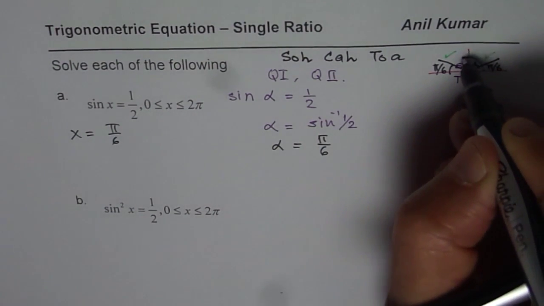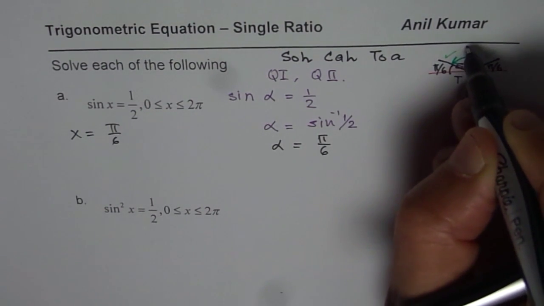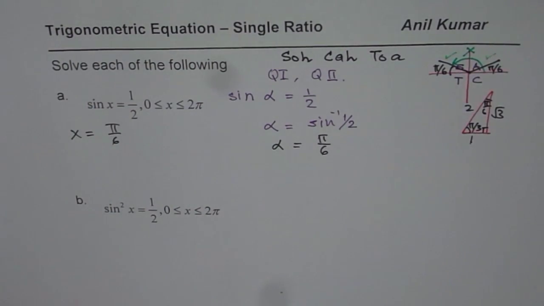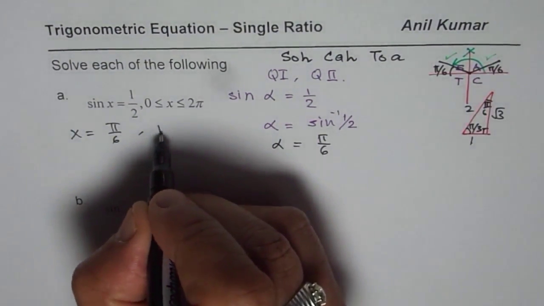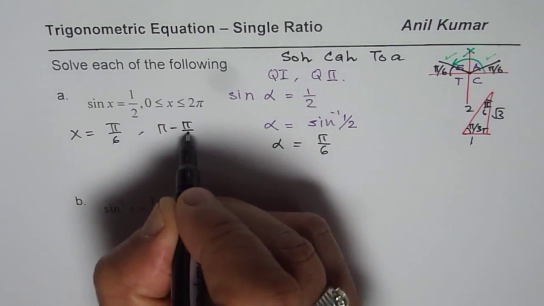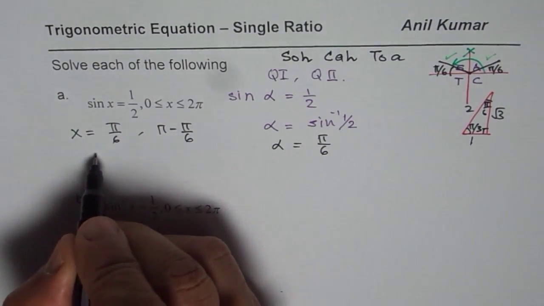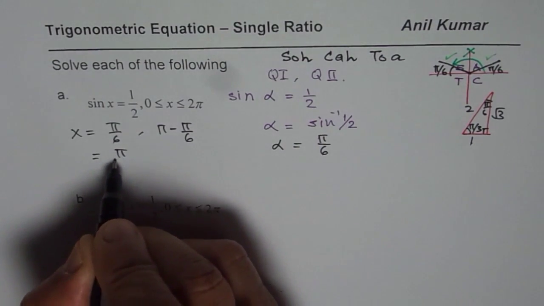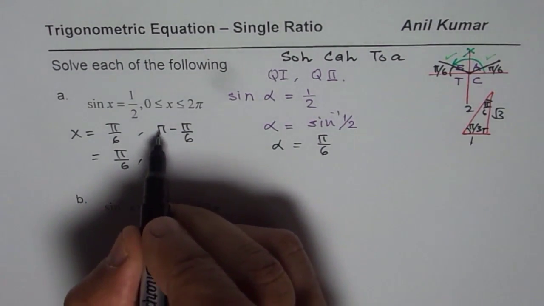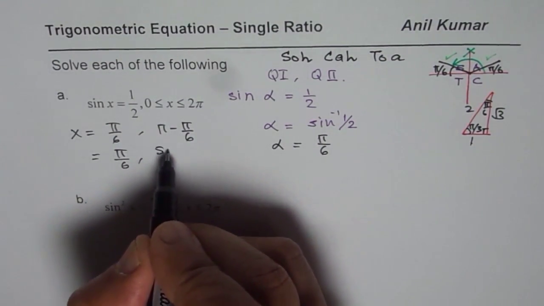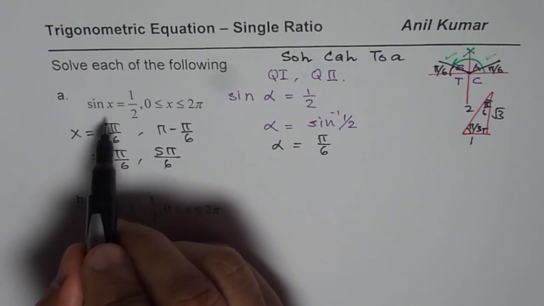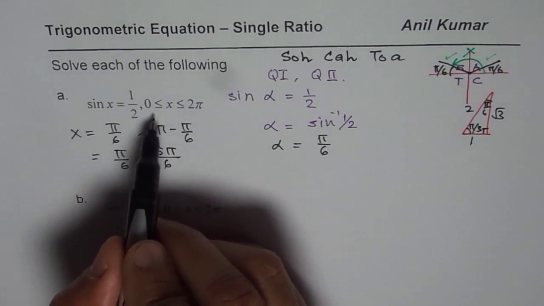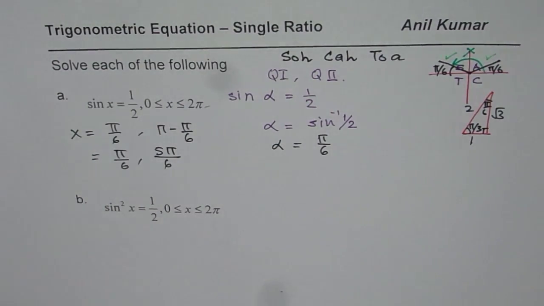From here to this place. That is the angle which we have to write. And this angle is pi minus pi by 6. Correct? Do your calculation. So we get x as pi by 6 and 5 pi by 6. So there are two solutions for this trigonometric equation in the domain 0 to 2 pi.